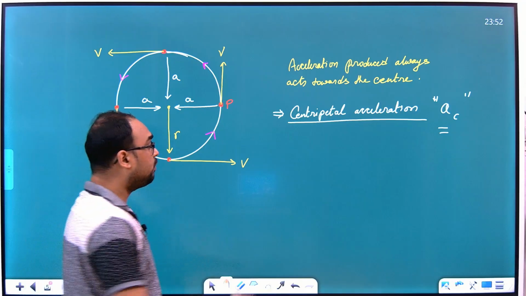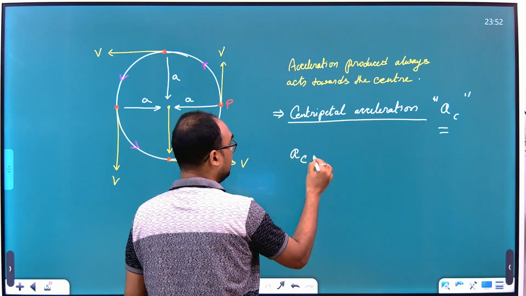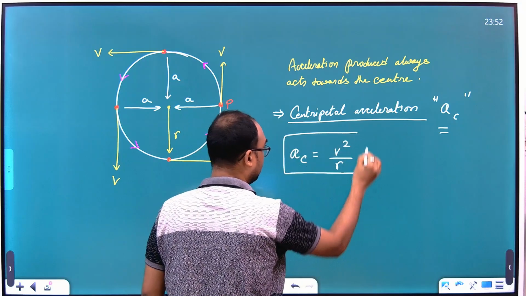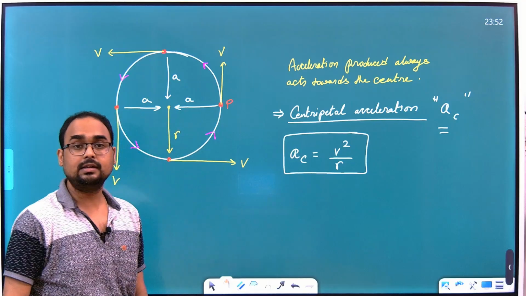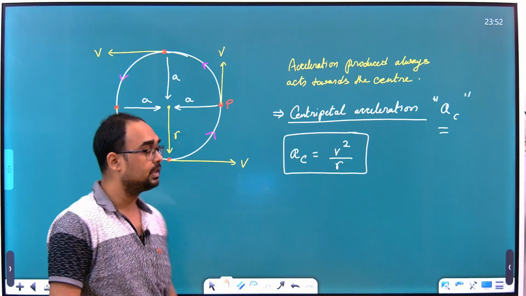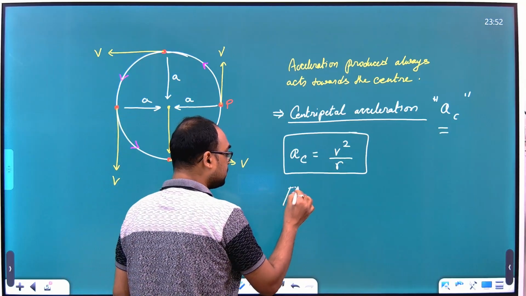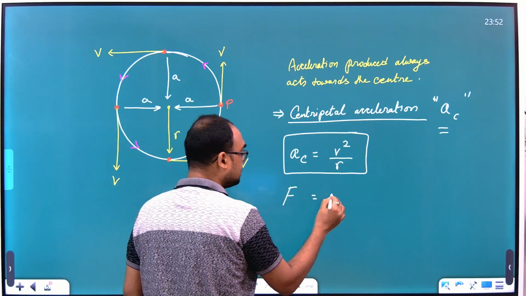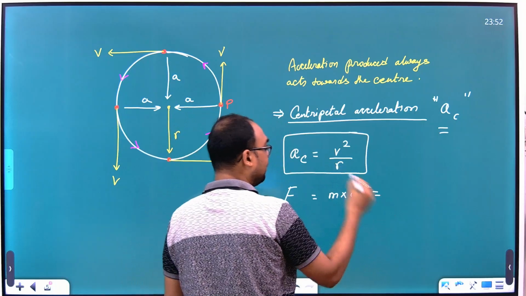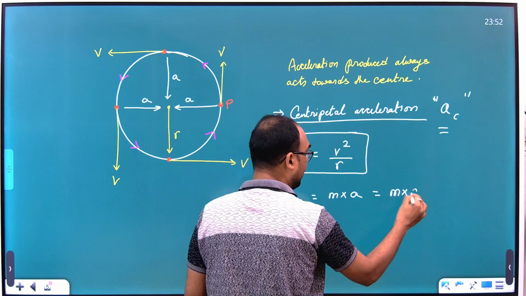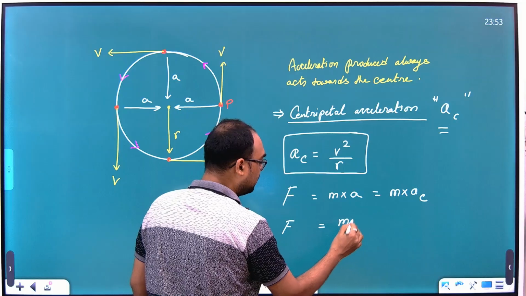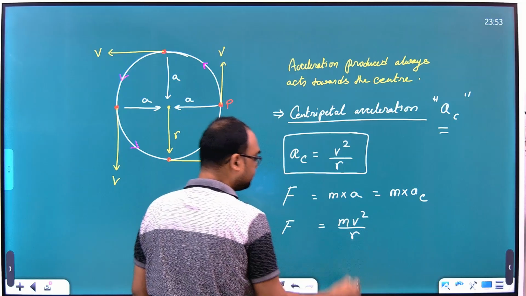The formula for centripetal acceleration is v squared by r, where v is the velocity and r is the radius. And force is m into a. So if we consider the centripetal acceleration, it is going to be m into a_c, which equals F equals m v squared by r.